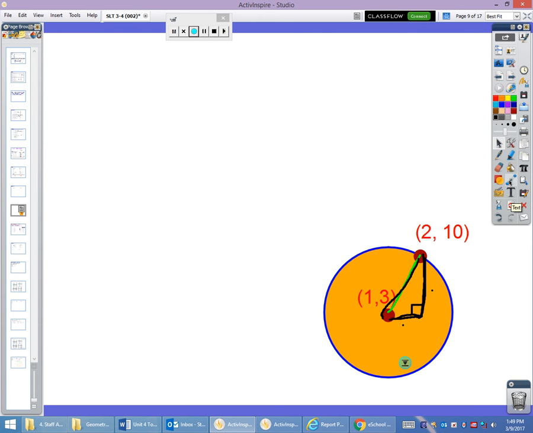So the distance formula is to find the distance between 2 points. You would make one of these point 1, so that could be x1 and this could be y1, and that would make this one x2 and y2. It doesn't actually matter which one you make x1 and which x2, as long as you're consistent. If this one is x2, this one is y2. If this one is x1, this one is y1.